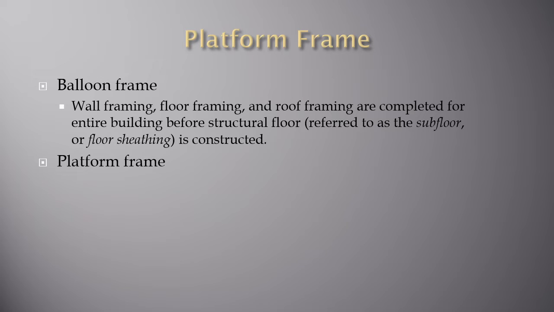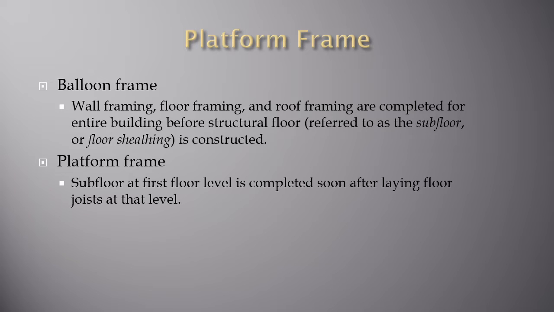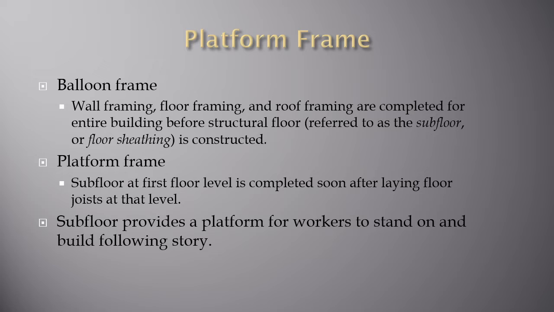In the platform frame, which superseded the balloon frame, the subfloor at the first level is completed after laying the joists at that level, and that subfloor then provides a platform for workers to stand on and build the following story, hence the name platform framing.